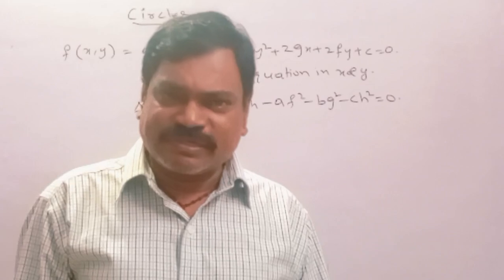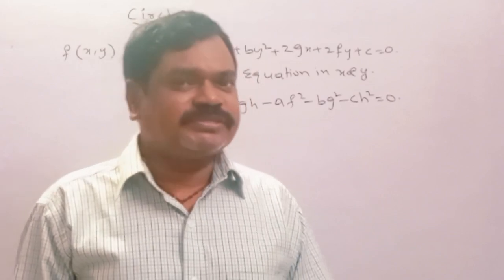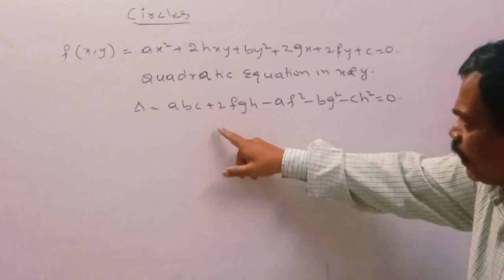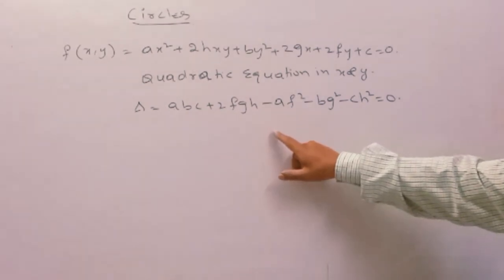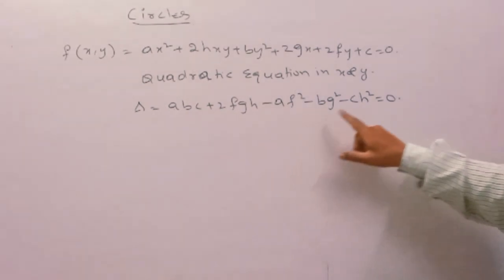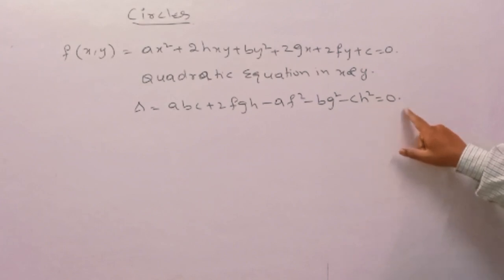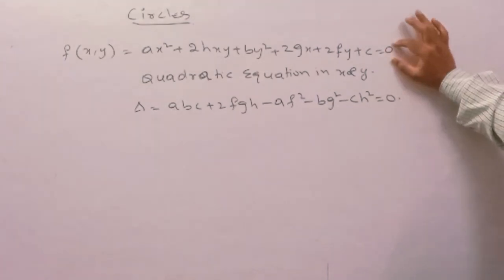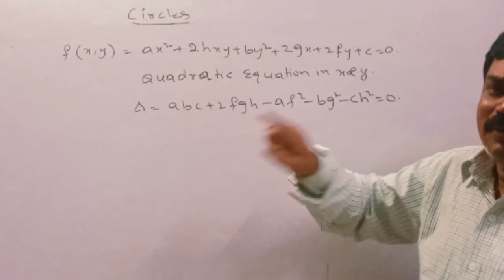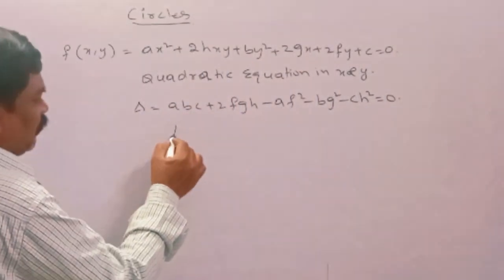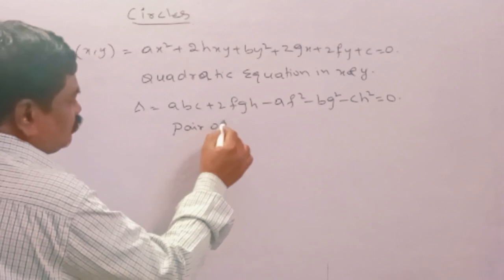Already in first year, the pair of straight lines chapter is there. In that, delta is equal to abc plus 2fgh minus af square minus bg square minus ch square is equal to 0. Then this equation represents a pair of straight lines.